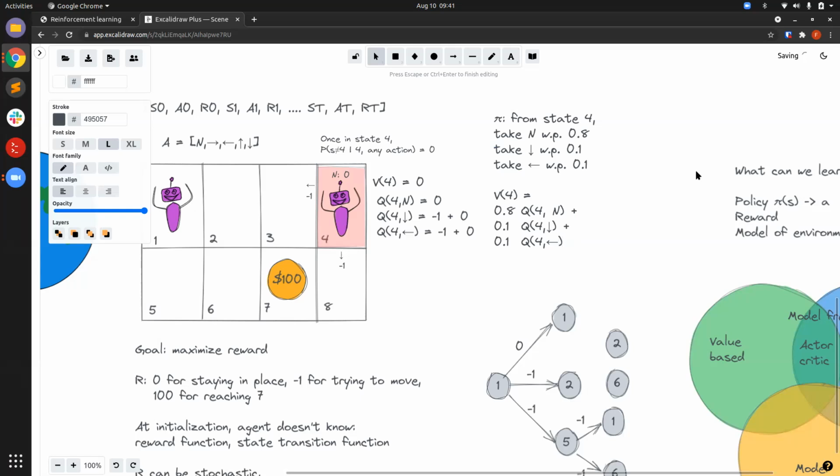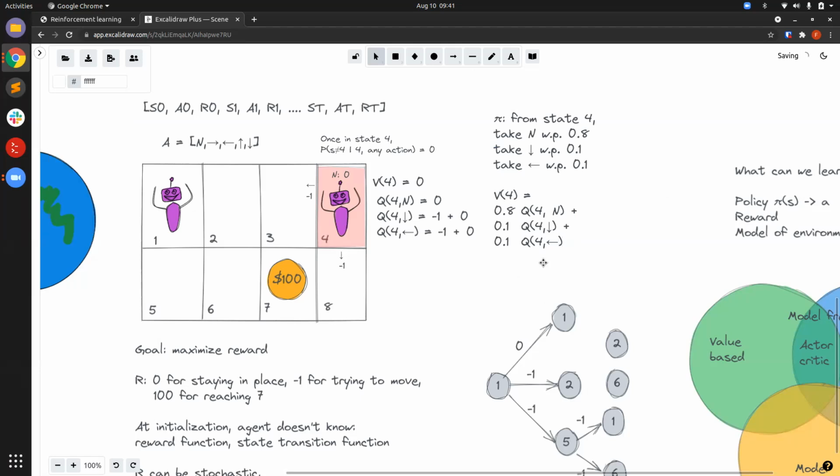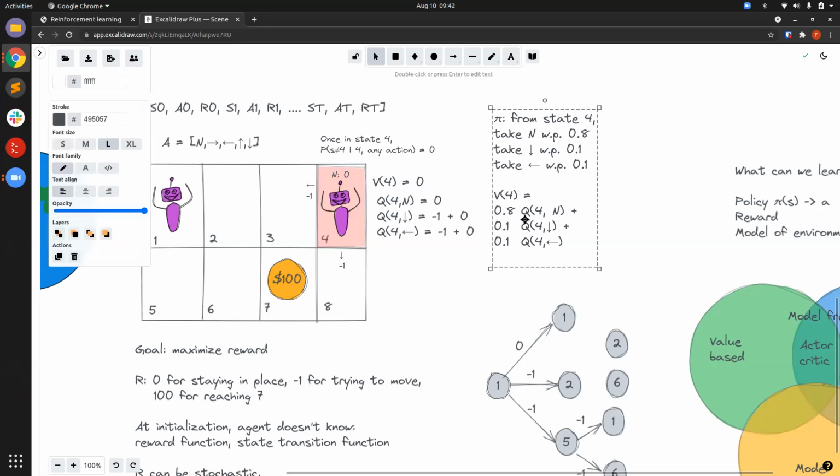And let's say all other actions have 0 probability. So the value of the state can be defined for a given policy as the sum over the actions we could take in that state. We look at the sum of the probability of taking that action times the action value.